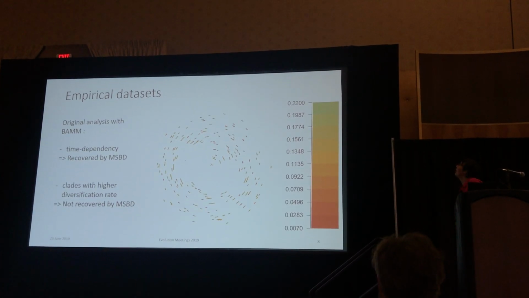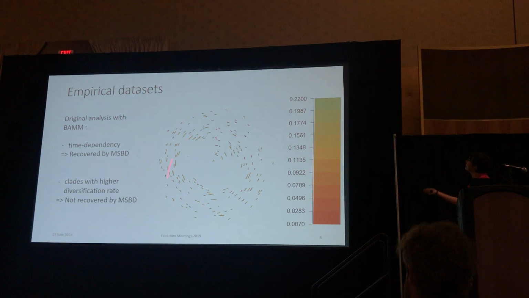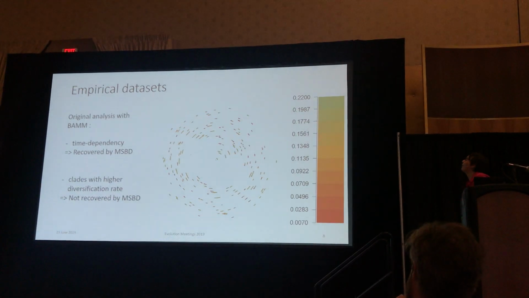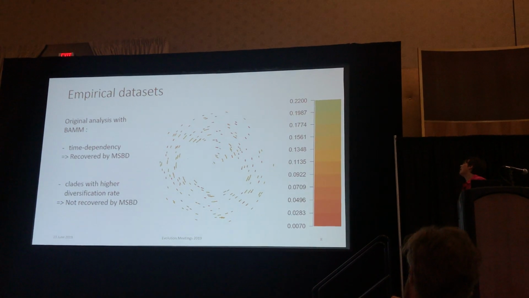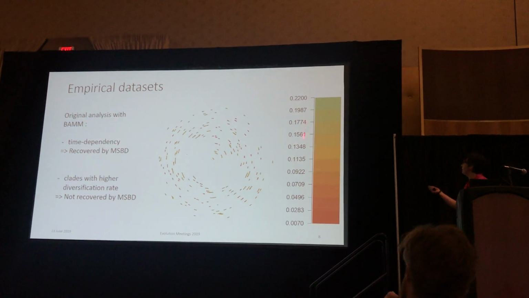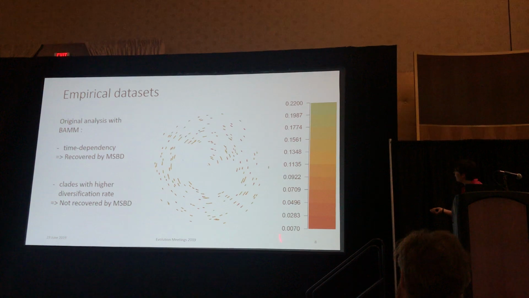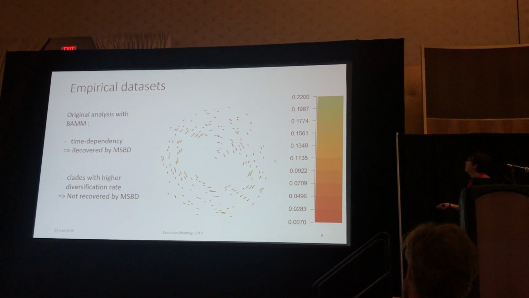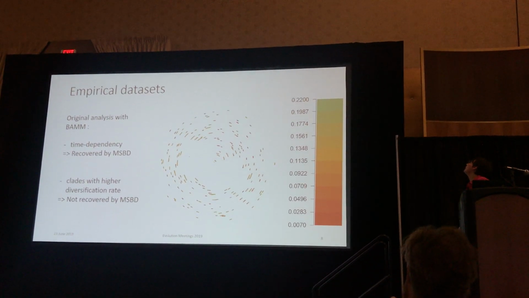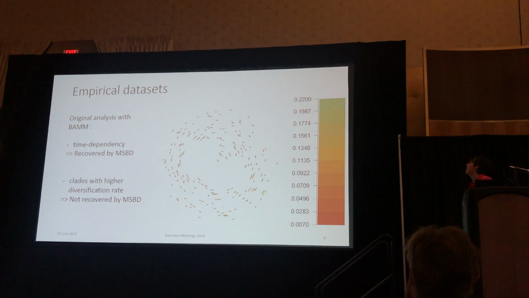I don't know what happened there, but anyway, so this is supposed to be the tree that we inferred with our method, and so the different color indicates the birth rate here. So from dark red, which is lower, and up to green, which is higher birth rate.